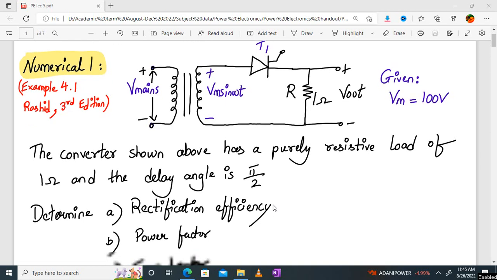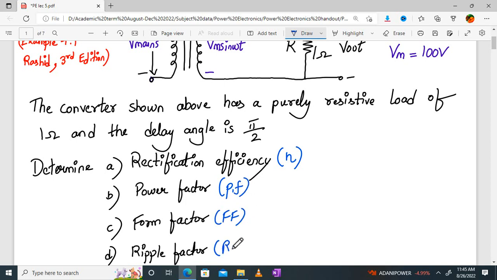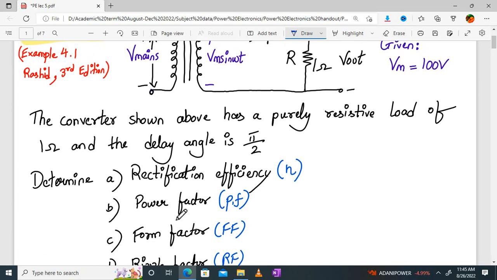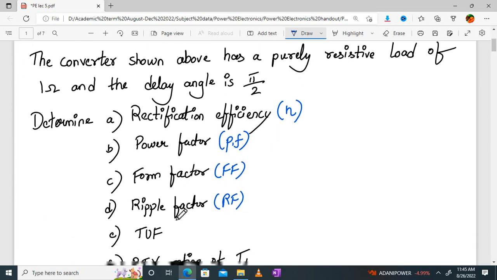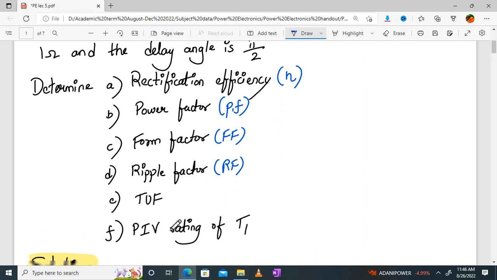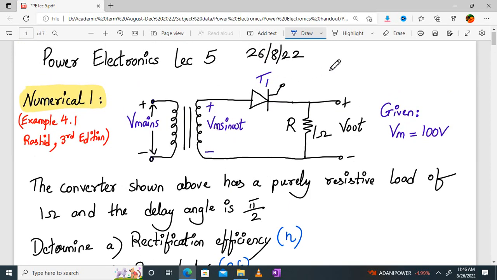So we have to find out rectification efficiency, then power factor, form factor, ripple factor, TUF and PIV. What is TUF? Transformer utilization factor. And then we have to find the PIV rating of T1. What is T1? SCR.